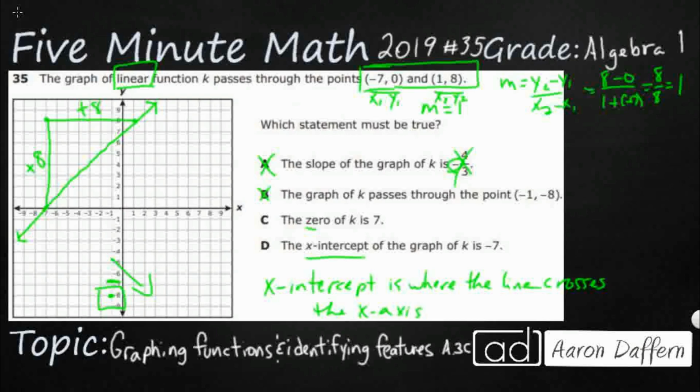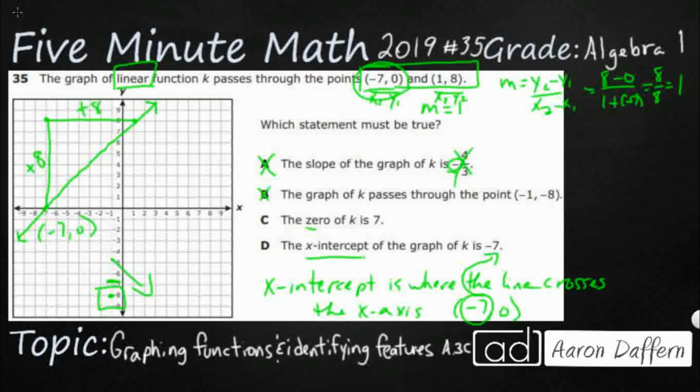And so it's actually a pair of coordinates. So where does it cross the x-axis? Well, we've got it right there. So we've got that as (-7, 0). But for shorthand, since it's always going to have a y coordinate of 0, we'll typically just refer to the x-intercept as just that x coordinate.